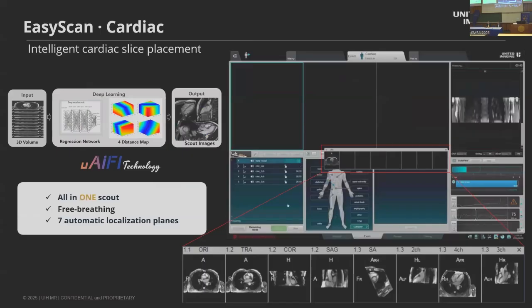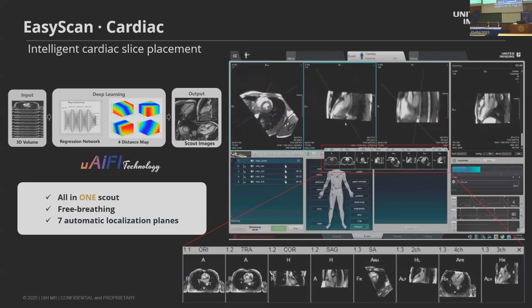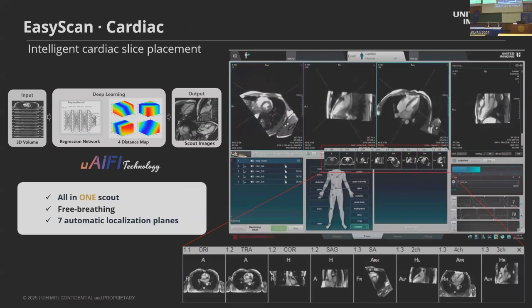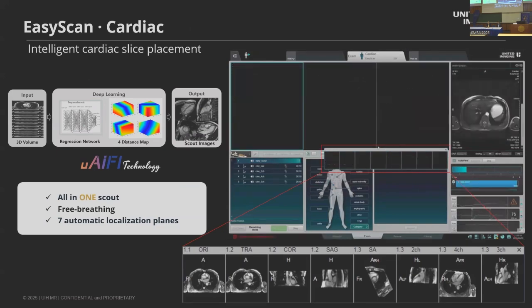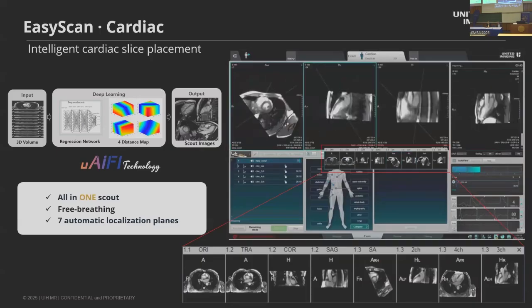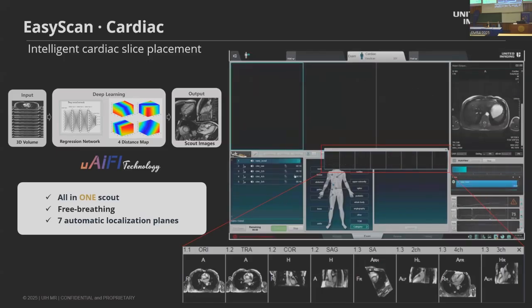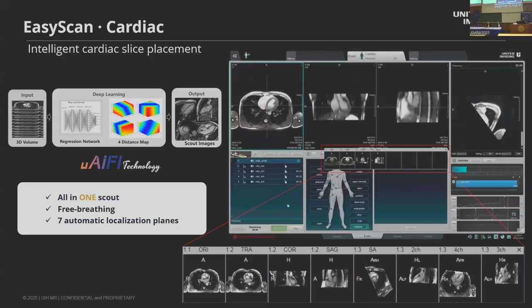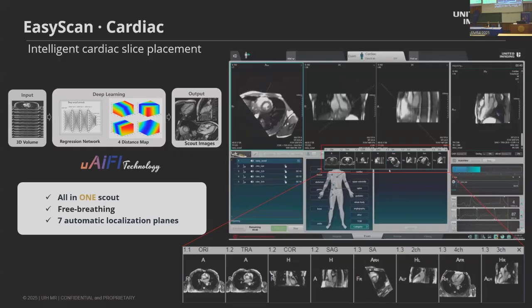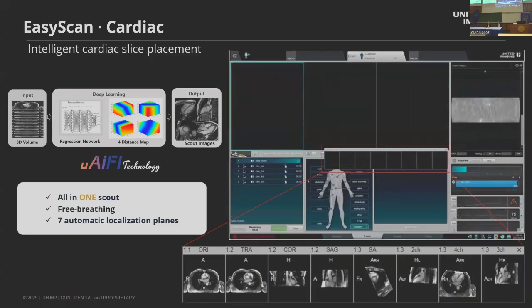And when it comes to the scout imaging, routine methods would require multiple breath holds and extensive knowledge to find the anatomy of the heart correctly. But with the easy scan feature, using only one single free-breathing scout scan, which usually takes 15 to 20 seconds, one can directly get 7 different anatomical views of the heart, as shown here.